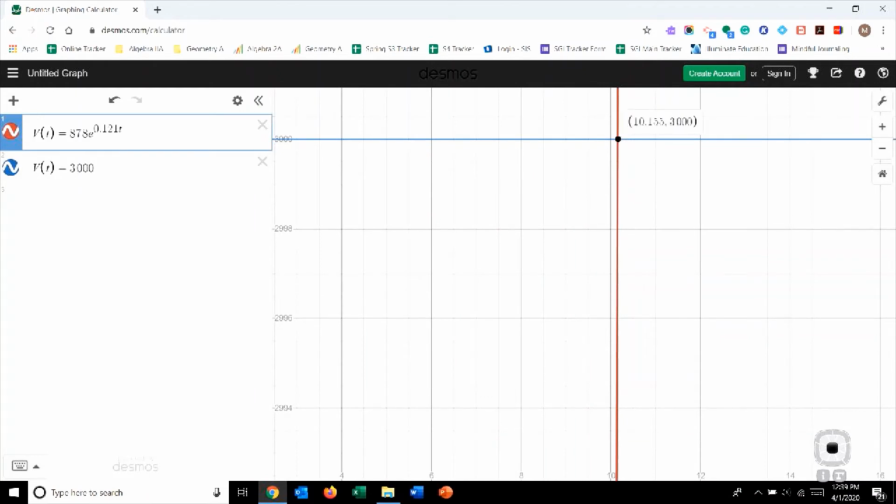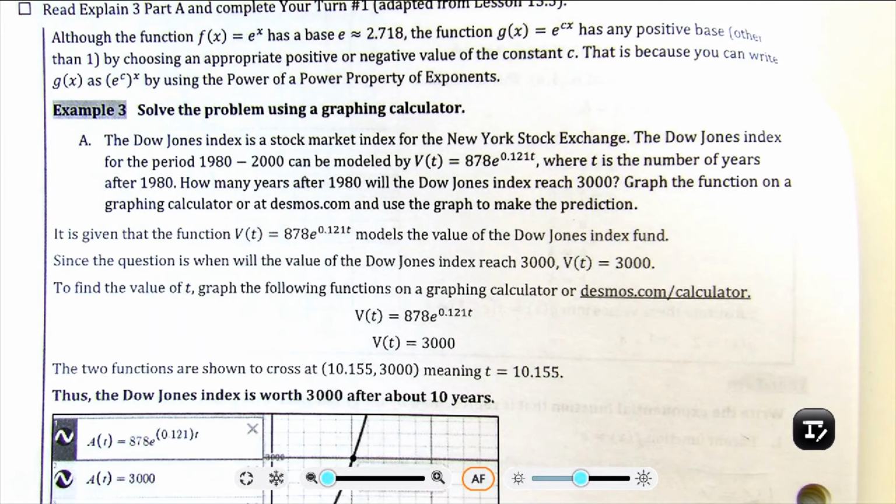And that's what they got. Yep, right there.